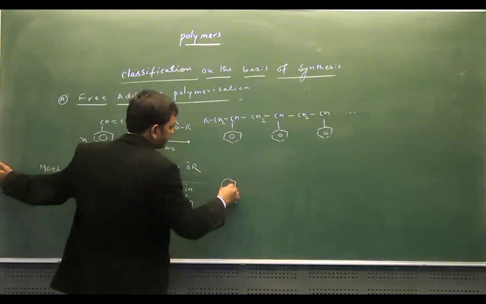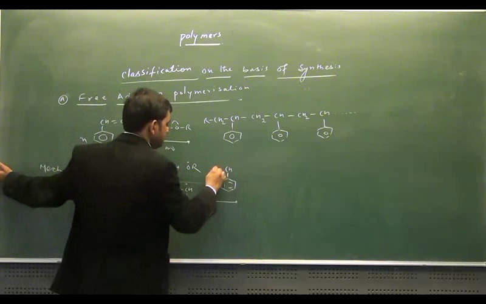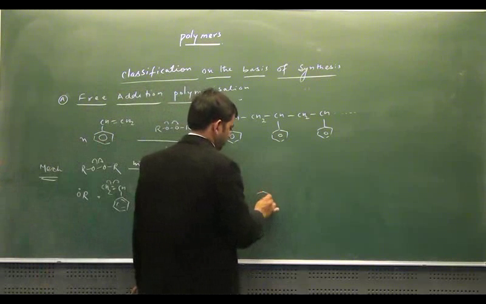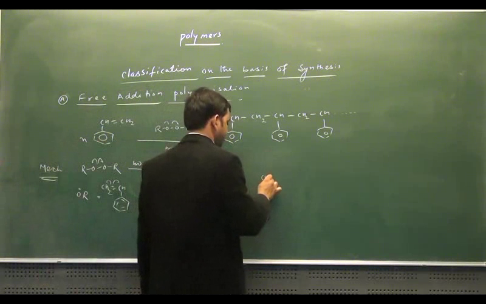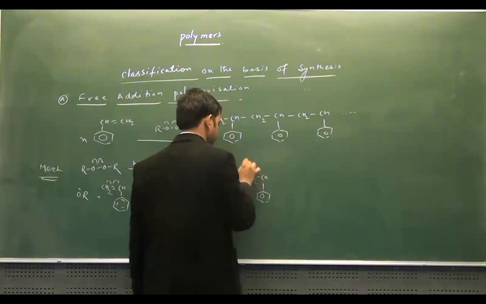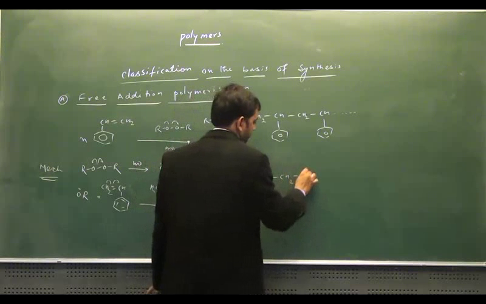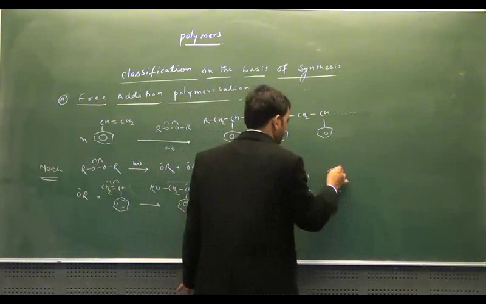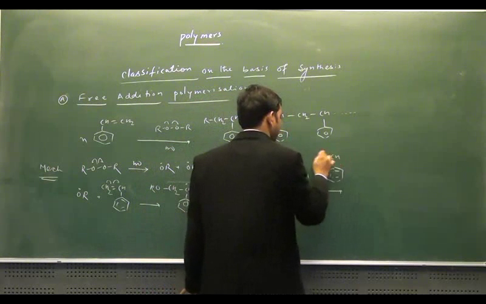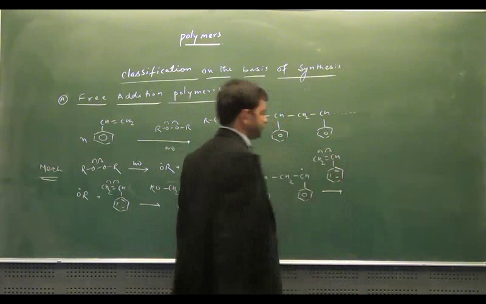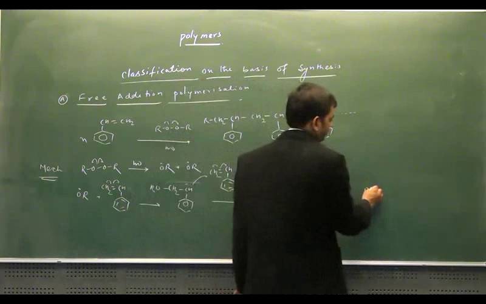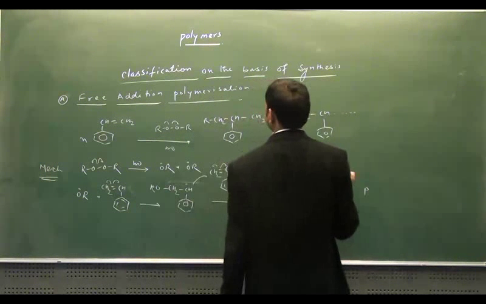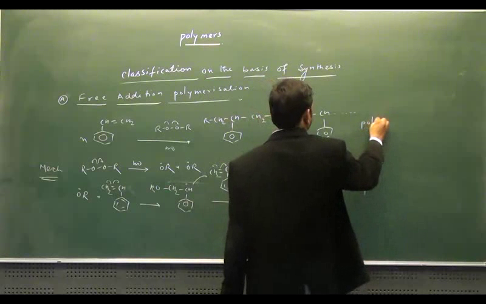Again it reacts with the next molecule, and so on. Again this radical adds and simple addition takes place, that is addition polymerization by radical mechanism. It gives the polymer polystyrene. This is styrene converted to polystyrene.